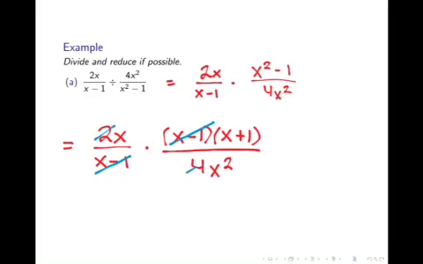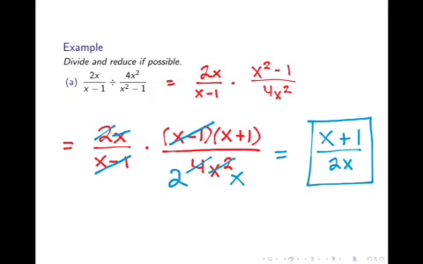My 2 and 4 will reduce to give me just a 2 in the denominator, and one of my x's cancel, so x over x squared is going to cancel and just leave me with an x. So now parsing through everything that I have left here, I have an x plus 1 over 2x. And that's my final answer.